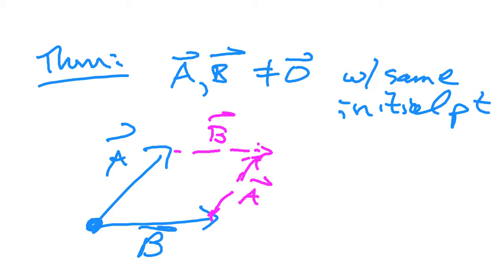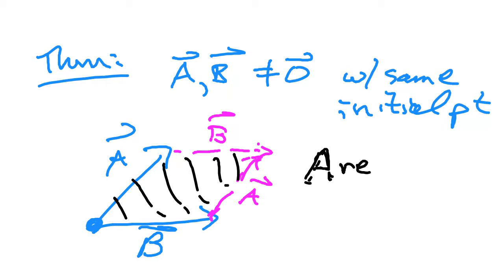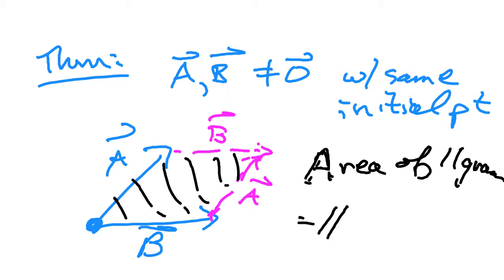So the area of the parallelogram is equal to the norm of A vector cross B vector. So this is a nice physical application of cross product.